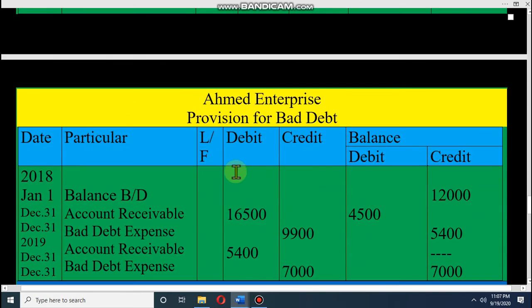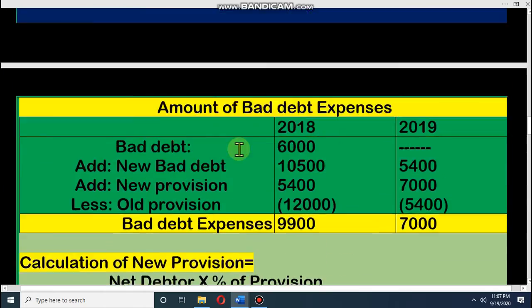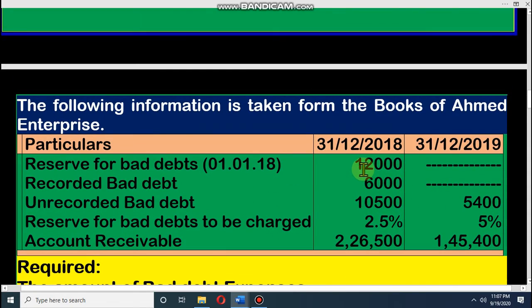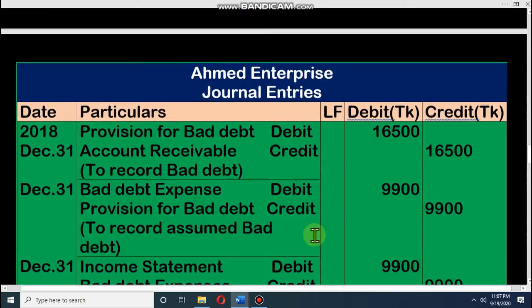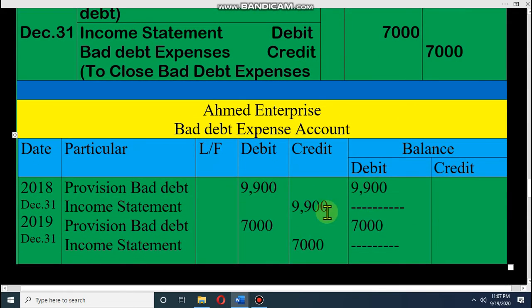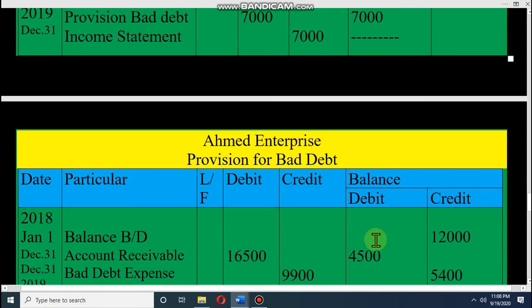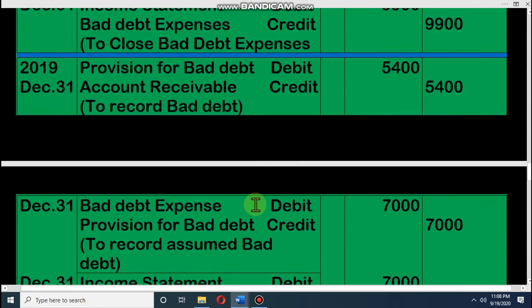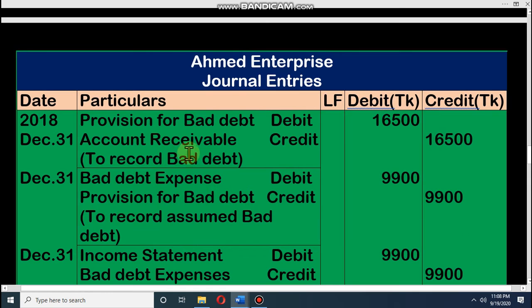Then the provision for bad debt account. Here we have an opening balance. In the question, the opening balance of provision for bad debt is 12,000. First you have to write the opening balance, 12,000. It is a credit balance; the provision account always shows a credit balance. Then from the journal, for the first year 2018, provision account debit 16,500, then provision account credit 9,900.